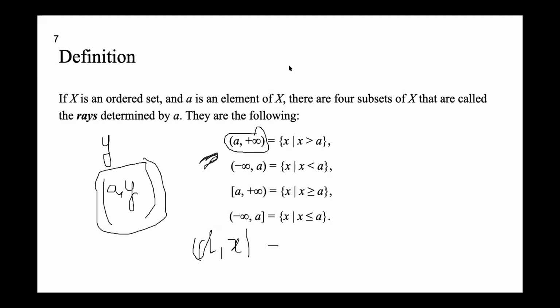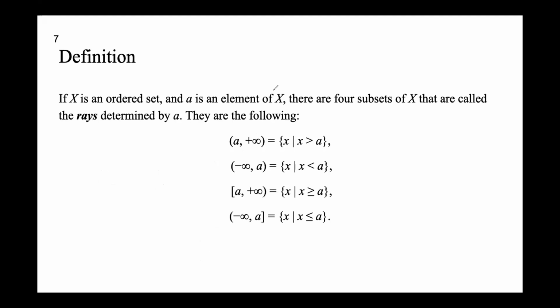But then we know that your Y is in this (A, ∞) because Y is greater than A. So for any (A, Y) as an open interval, it is actually a subset of (A, ∞). Something like that. Okay, great. Okay, thank you.